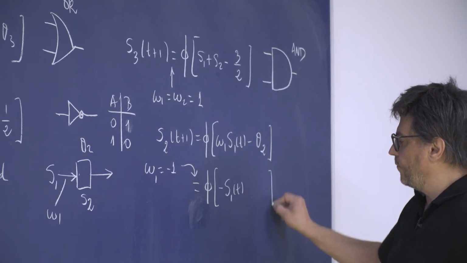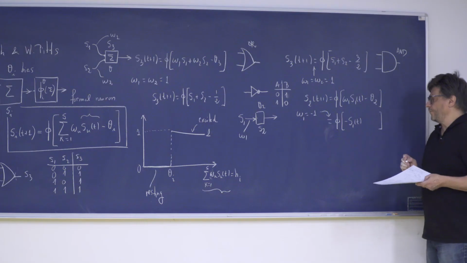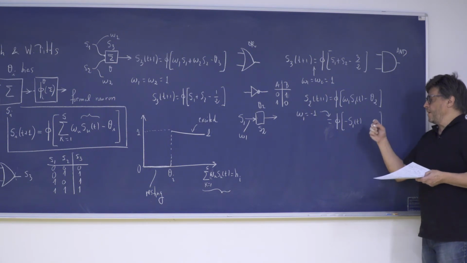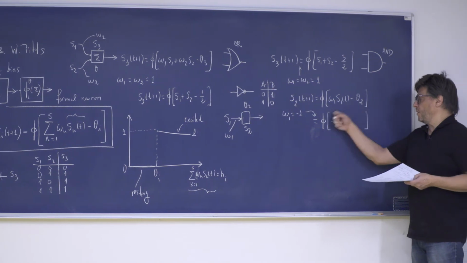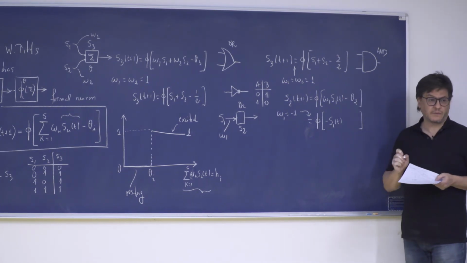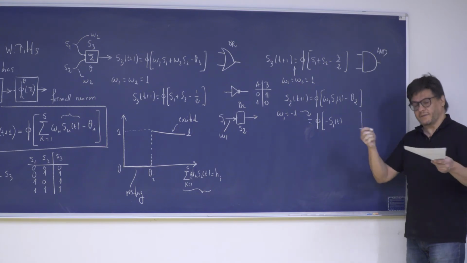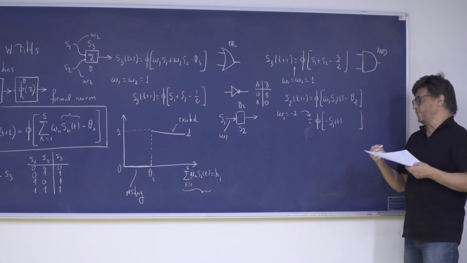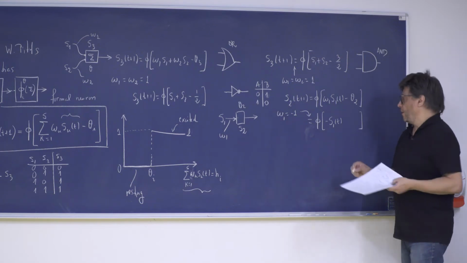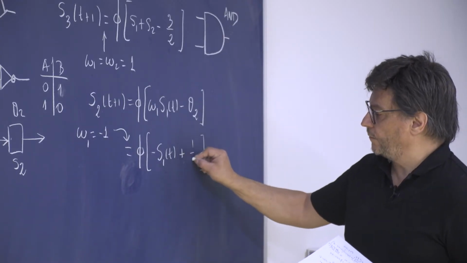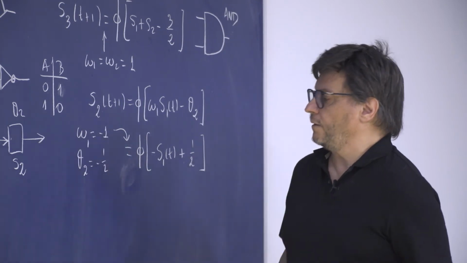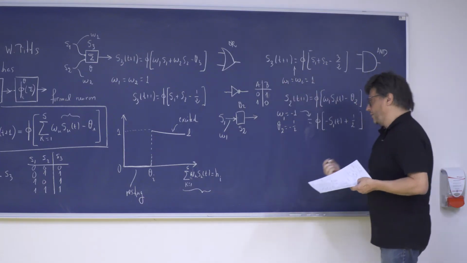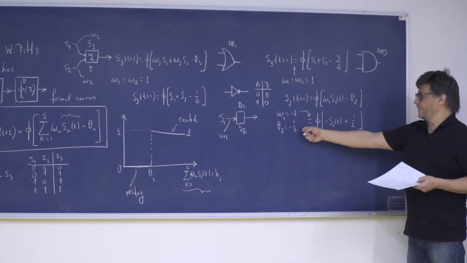And now I need to put a threshold in the way that if this is a 1, when I make the overall sum here, I have something that is 0. So it's negative, so the output is 0. So a 1 gives a 0. One way of doing that is by choosing a threshold that is, instead of positive, negative.